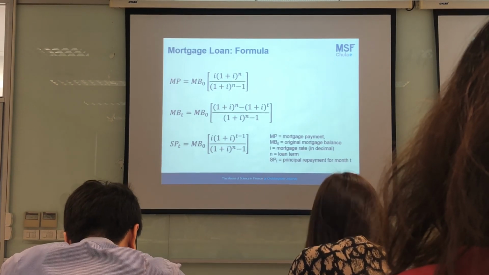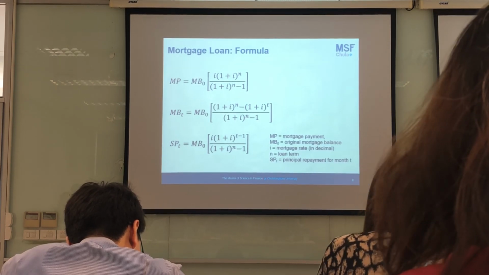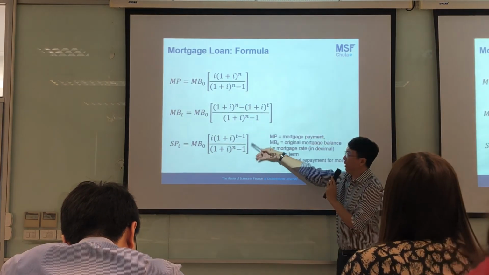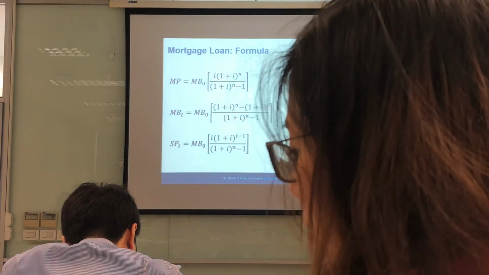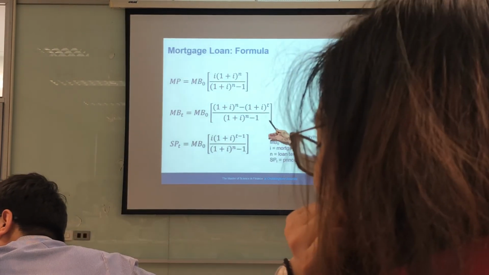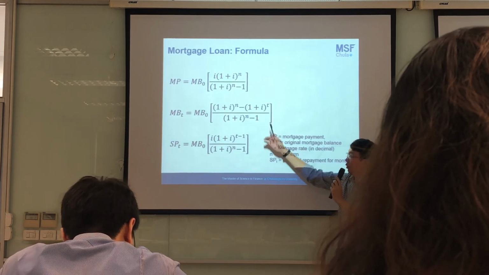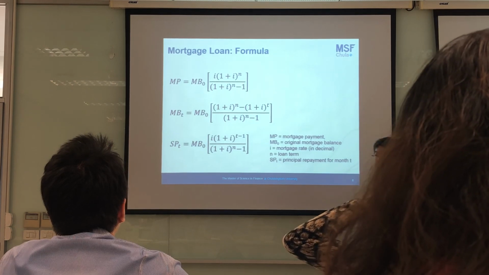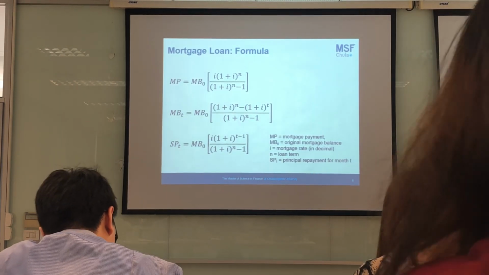If you still remember, when I taught about this, I didn't have any extra formula, the second and third. I just needed only the first one. But it's up to you. You can use the second and third to calculate the loan balance and the principal payment for that month.